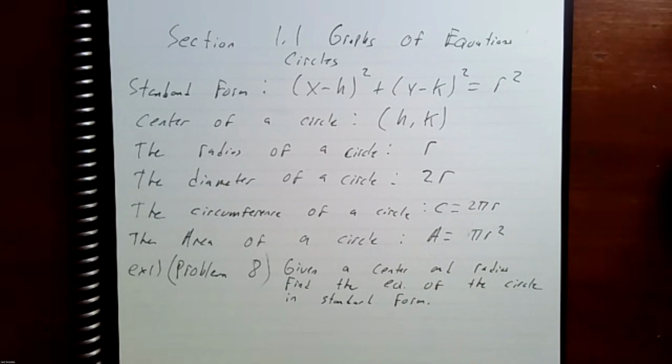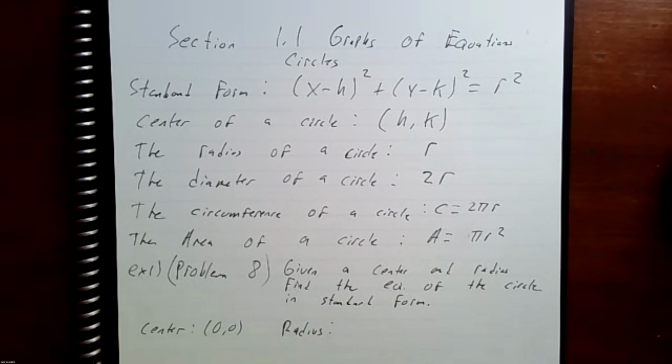They gave us a center of 0, 0 and a radius. What's that? Is that like a vertex, because they use H and K? Kinda, yeah. It's similar notation. It should be familiar.